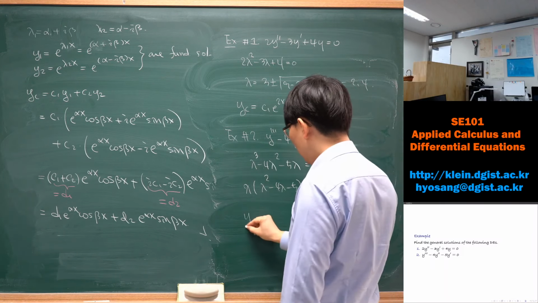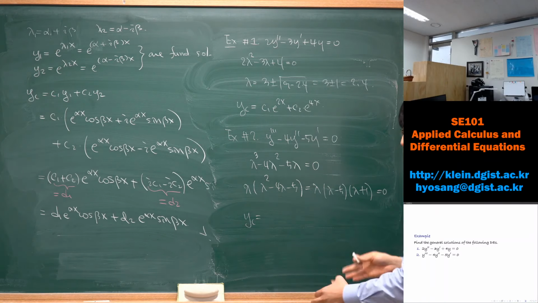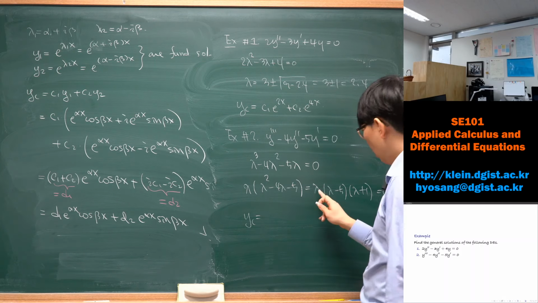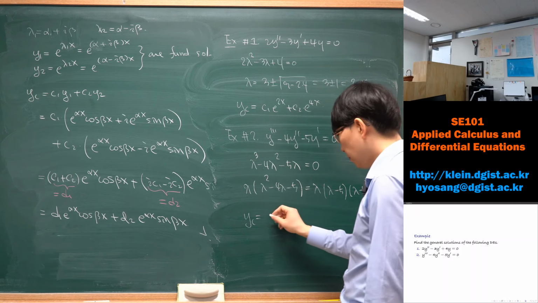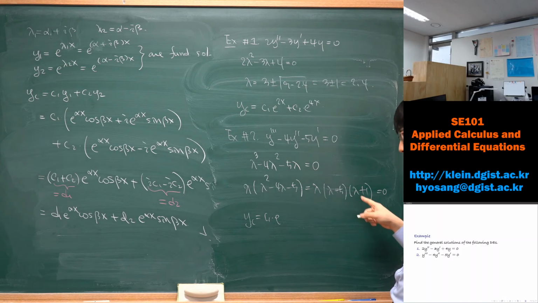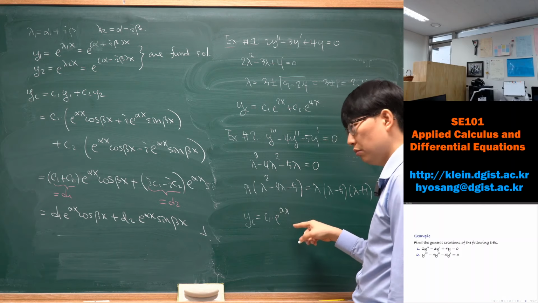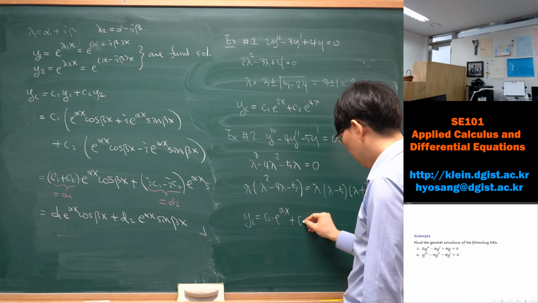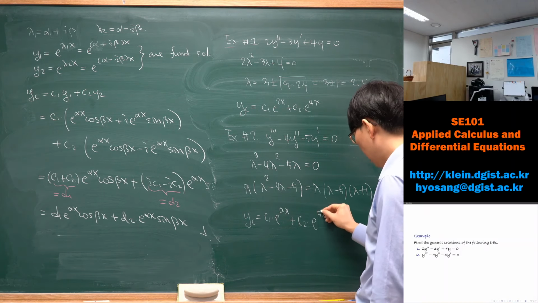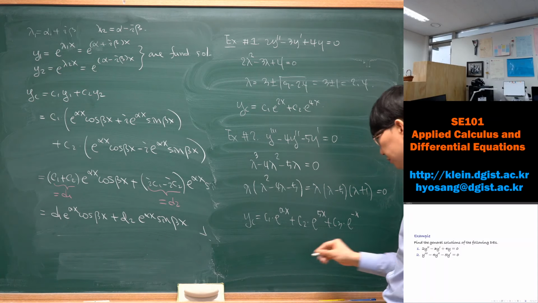Therefore, the complementary solution is the linear combination of 3 fundamental solutions. The roots are 0, 5, and minus 1. For 0, it is e to the 0 times x, which is just a constant, okay? And C2 times e to the 5x, and C3 times e to the minus x.